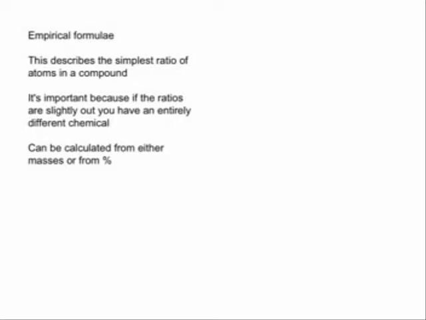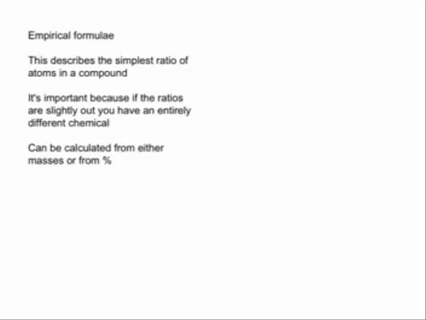But what you have to do in the exam is to actually work out what that simplest ratio is from the mass as it may be given in the question, or from percentages. So if you were given percentages in an exam question, you would simply turn those percentages into masses out of 100 grams.